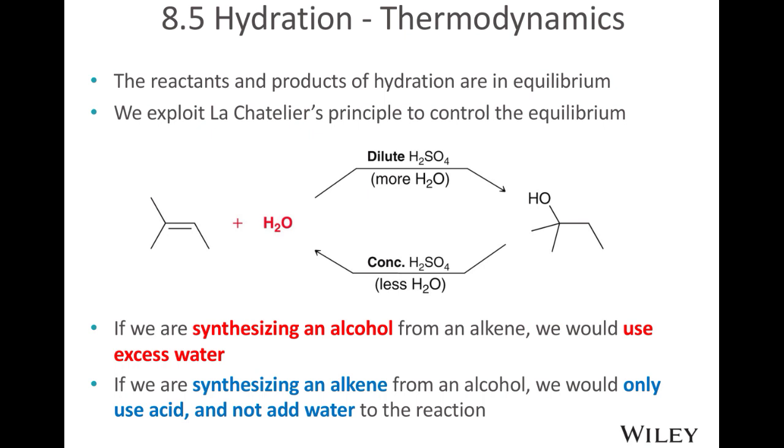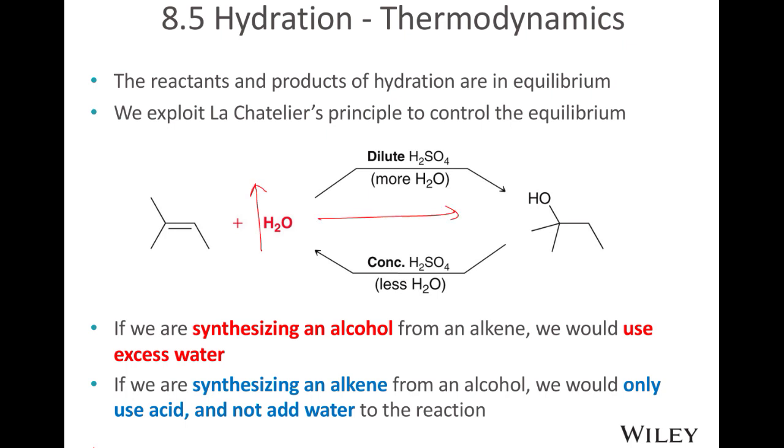So just with respect to the equilibrium between the addition and the elimination of water, so the addition of water to a double bond and the elimination of water from an alcohol to produce an alkene. In this case, we exploit Le Chatelier's principle. So if we have dilute sulfuric acid, that means we're going to have a lot more water. That would push the equilibrium to this side.